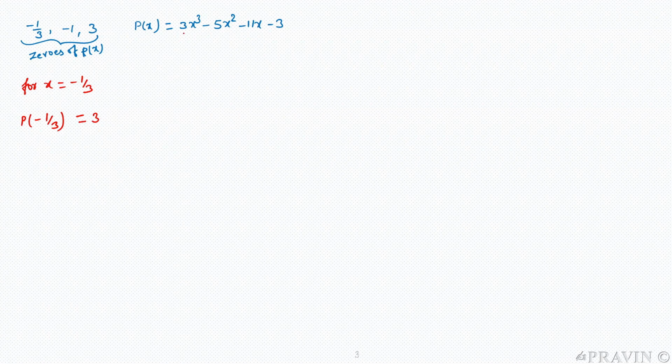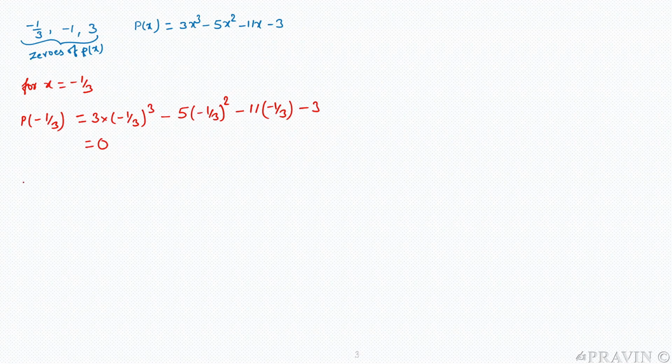So 3 into minus 1 by 3 cube, again minus 5 x square, so x is minus 1 by 3, minus 1 by 3 square, minus 11, x is minus 1 by 3, minus 3. When you solve this, you will get it is becoming 0.